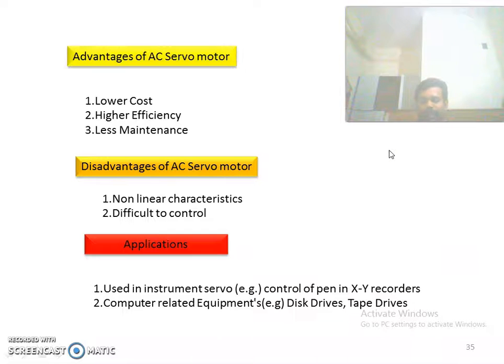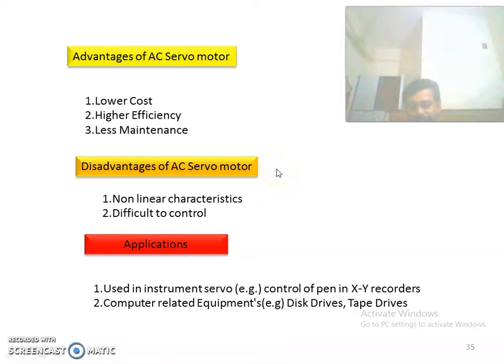Applications of this AC servo motor: it is used in instrument servos, that is in the control pen of XY recorders. Similarly, we are using AC servo motors in computer related equipment, in disk drives and tape drives.